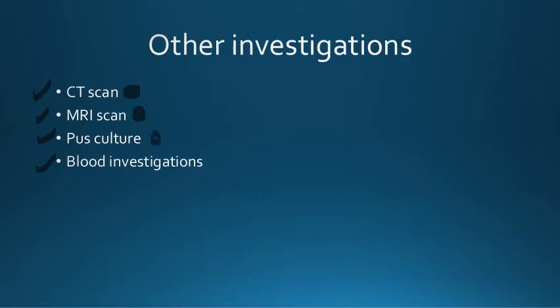Pus culture will have to be sent to look for specific sensitivity of the microorganisms, and blood investigations which are important are your complete blood count, which will give you WBC count, your neutrophil count, and your ESR, that is erythrocyte sedimentation rate, and the CRP, C-reactive protein, which are markers of chronic inflammation, so that will be raised.